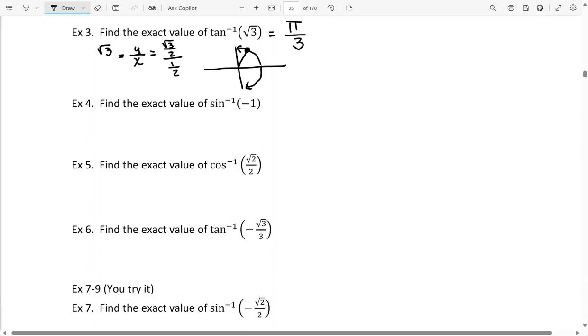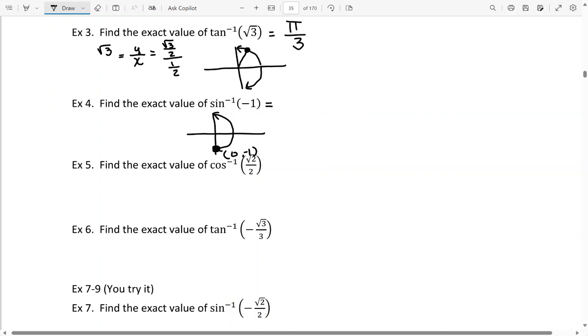So where's this, and that's really what they're asking you, where does the sine value equal negative 1? That's what this whole thing means. Where does sine equal negative 1? What angle? So again, remember you're restricted between here to here. And sine would be negative down here, because this is the point 0 and negative 1.